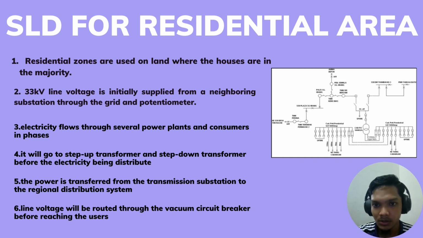After that, electricity will flow through several power plants and consumers. It will go to step-up transformer and step-down transformer before the electricity is distributed. After that, the power is transferred from the transmission substation to the regional distribution system. Lastly, line voltage will be routed through the vacuum circuit breaker before reaching the user.